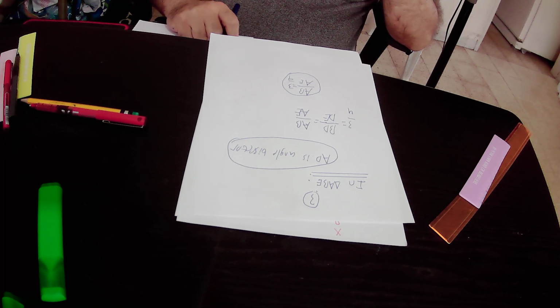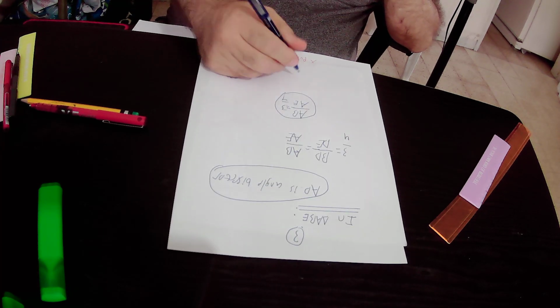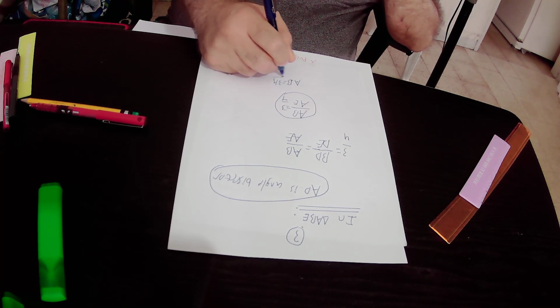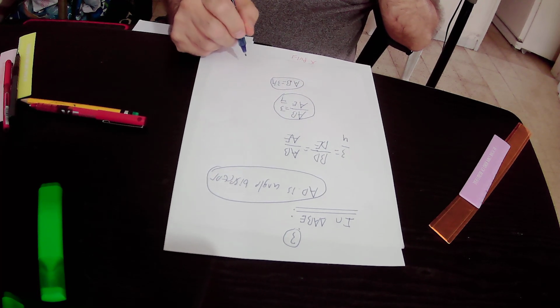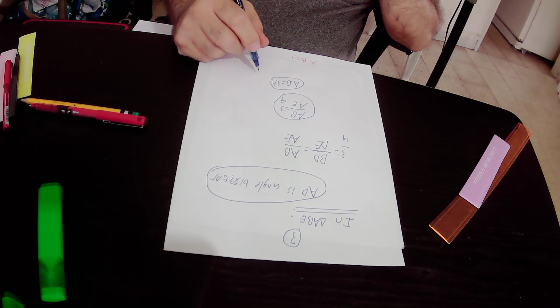And we will define AB as 3K, that is to say AB equals 3K, and we will find out the value of AE.